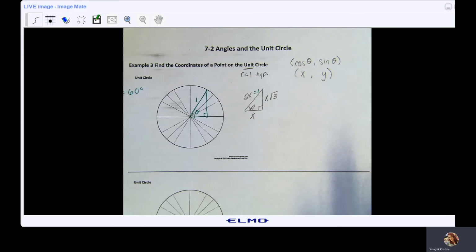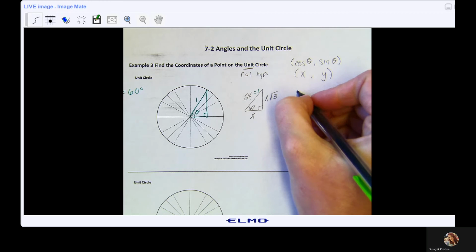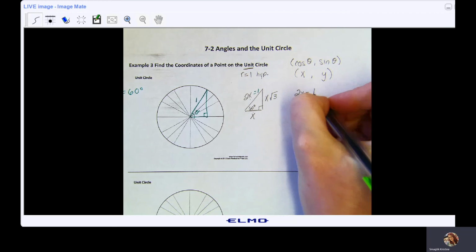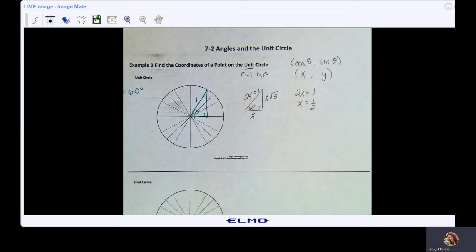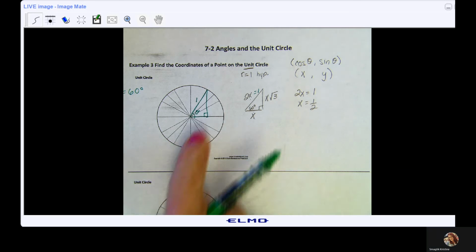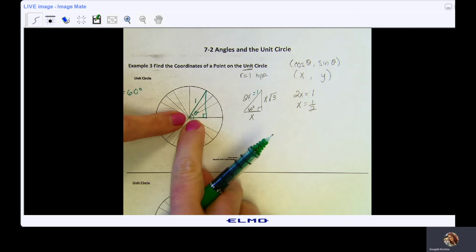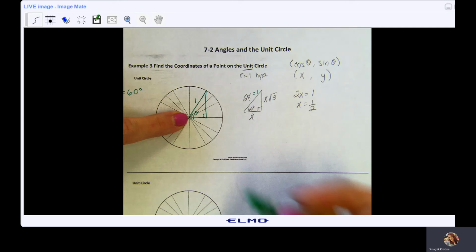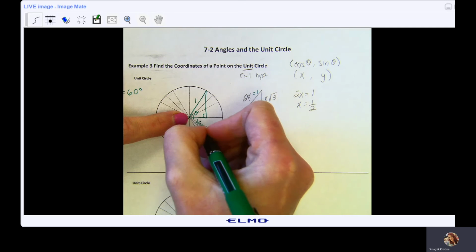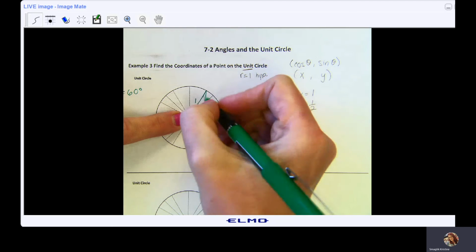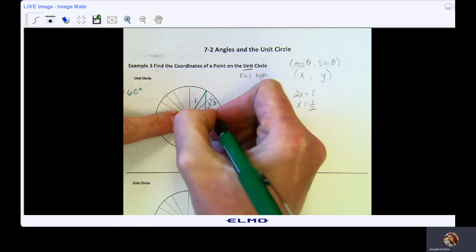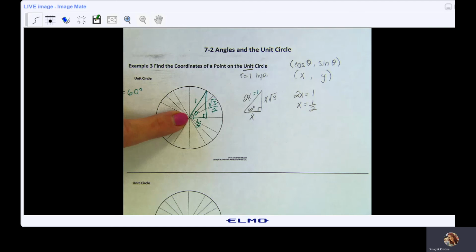So let's see what we get for x. 2x equals 1. X equals 1/2. So that means here, my horizontal distance from the origin is 1/2. And if I multiply square root of 3 by 1/2, I get the square root of 3 over 2.